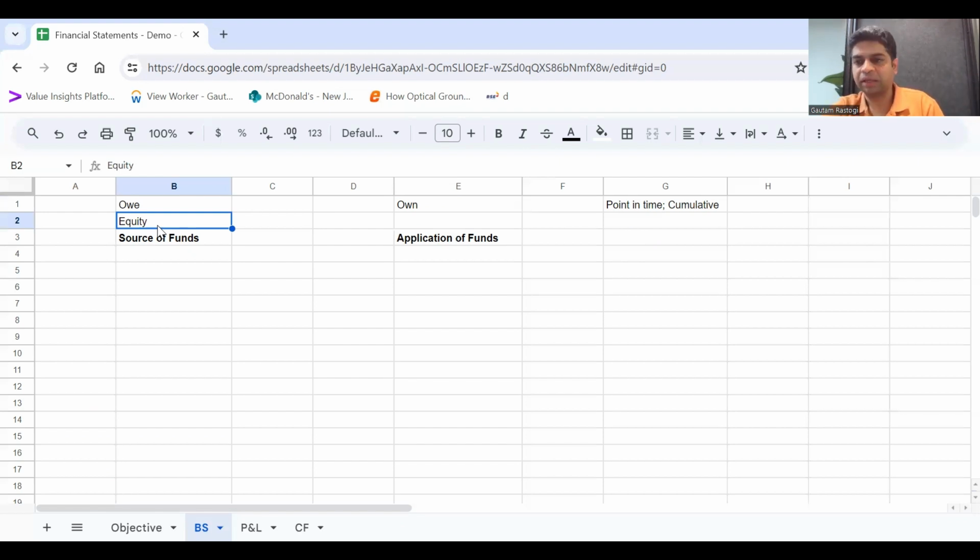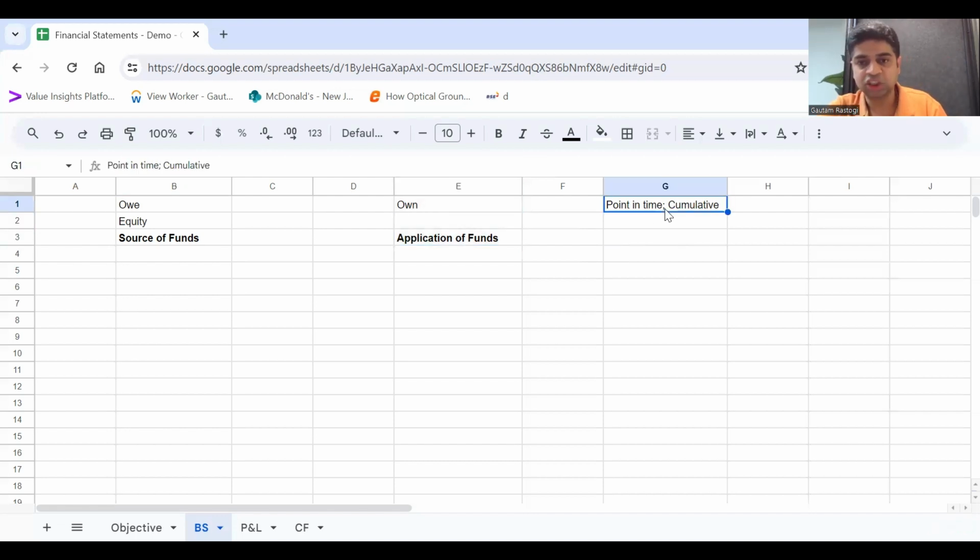And the third thing it's going to tell you is how you applied these sources of funds, the money you owe and the equity, to build assets. And again, the balance sheet is at a point in time, it shows you the cumulative value. That's important.